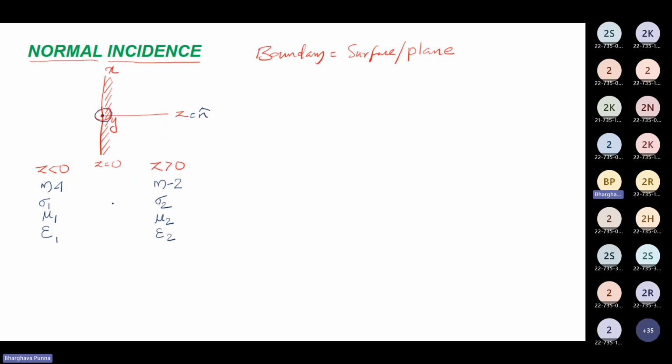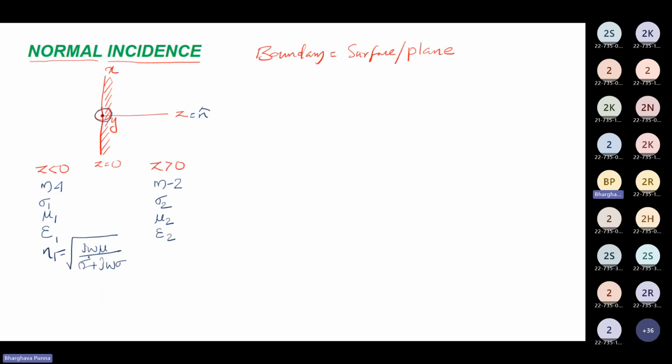Because sigma 1 is different from sigma 2, or mu 1 is different from mu 2, and epsilon 1 is different from epsilon 2, we can say their impedances are also different. Because what is the equation for eta? Eta is equal to square root of j omega mu by sigma plus j omega epsilon.